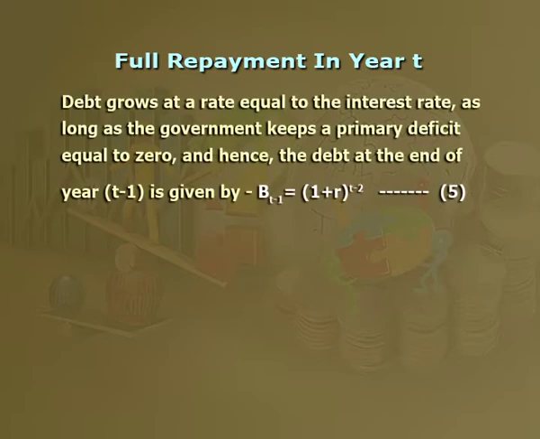Debt grows at a rate equal to the interest rate as long as the government keeps a primary deficit equal to 0, and hence the debt at the end of year T − 1 is given by B(T−1) = (1 + R) raised to the power T − 2. This is equation 5.